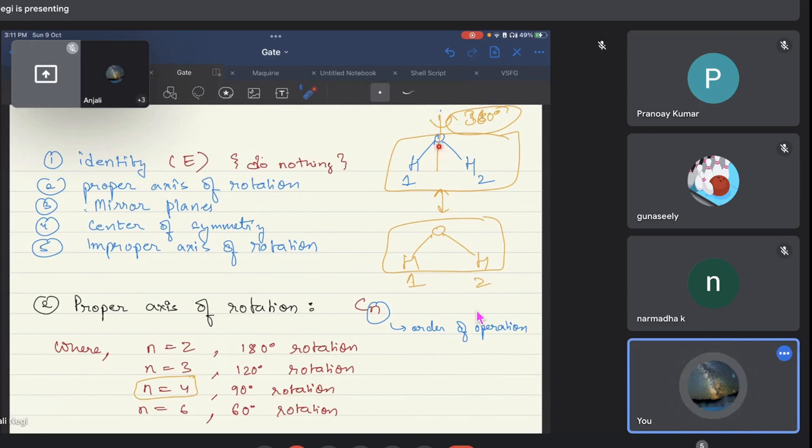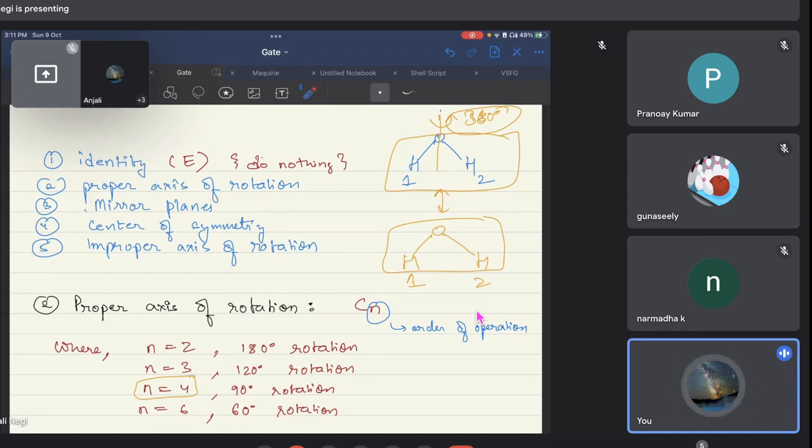If I do a rotation of 360 degrees about this axis, H1 will come back to its position, and this rotation gives me the identical configuration. Hence, in a sense, I am doing nothing. This is what we call the identity symmetry element, and it is present in every single molecule, correct? Now the second is the proper axis of rotation.